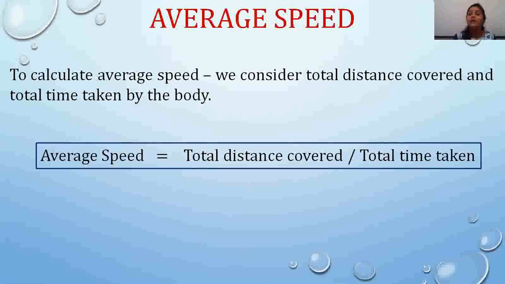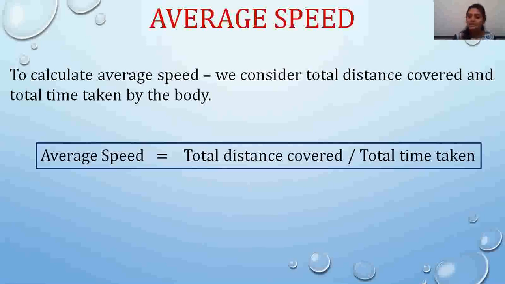Now I need to find out the speed of the body. Here I have two measures of distance, 2 kilometers and 5 kilometers. Whenever I have to calculate the average speed, I need to find out the total distance that the body is covering and the total time that the body is taking to cover that distance.